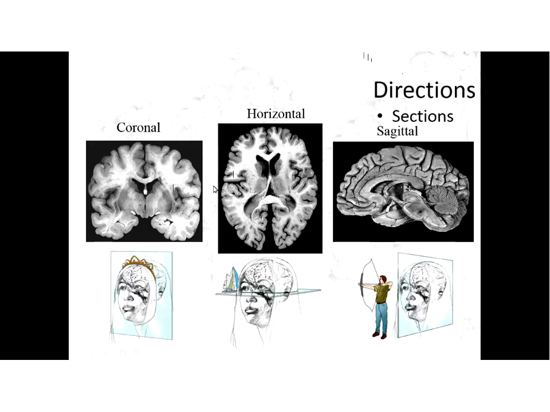So as we go through this, you want to keep track of what a coronal section is. Remember, we could have more rostral or caudal. What a horizontal section is, it can be more dorsal or ventral, and we can also have a sagittal section that's more medial or lateral.